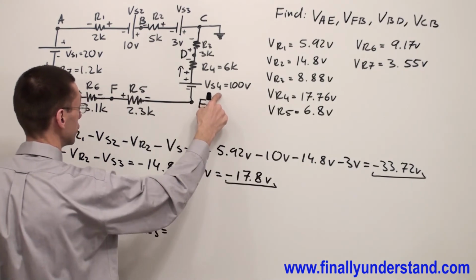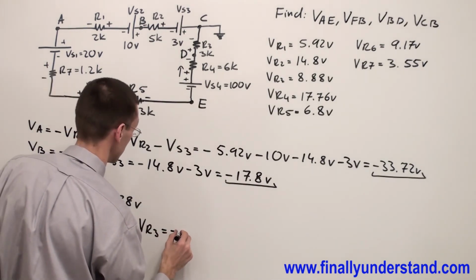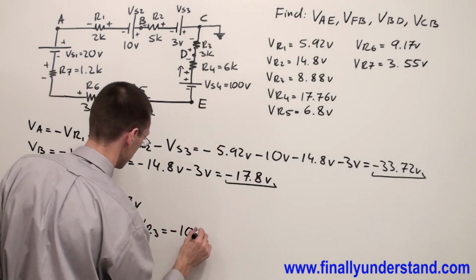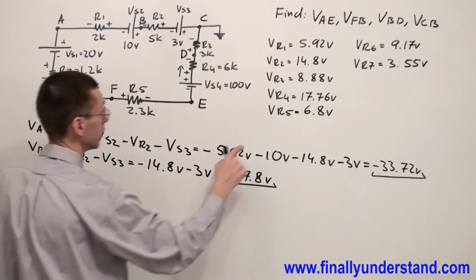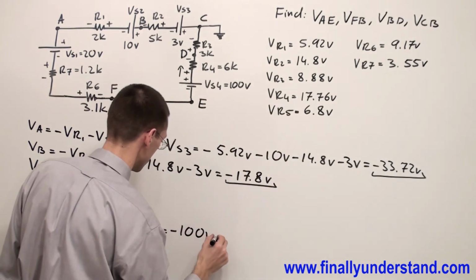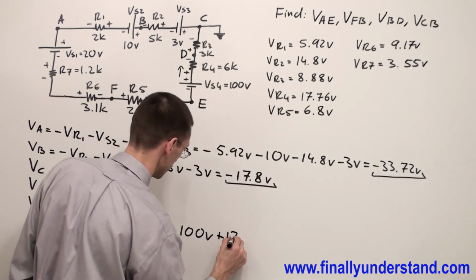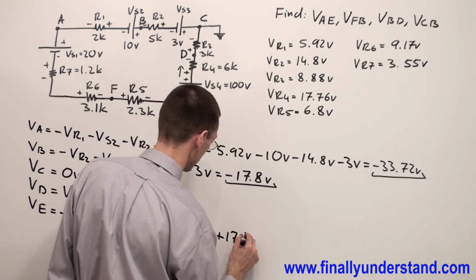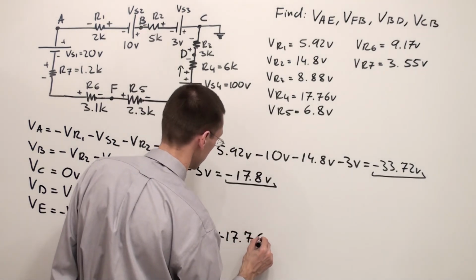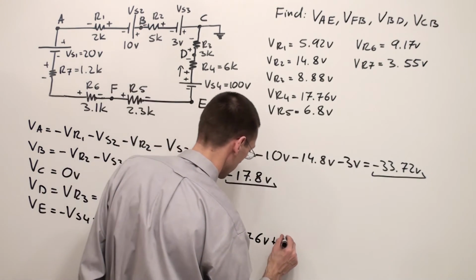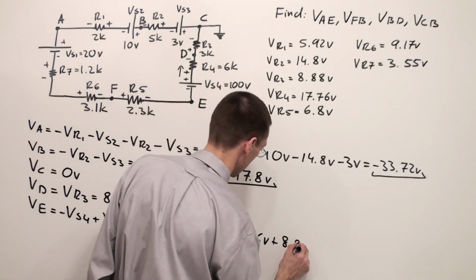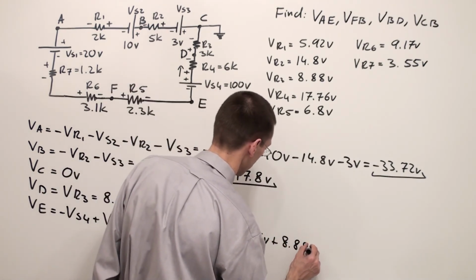Negative voltage source 4 is negative 100, plus VR4 equals 17.76 volts, plus VR3, which is equal to 8.88 volts.